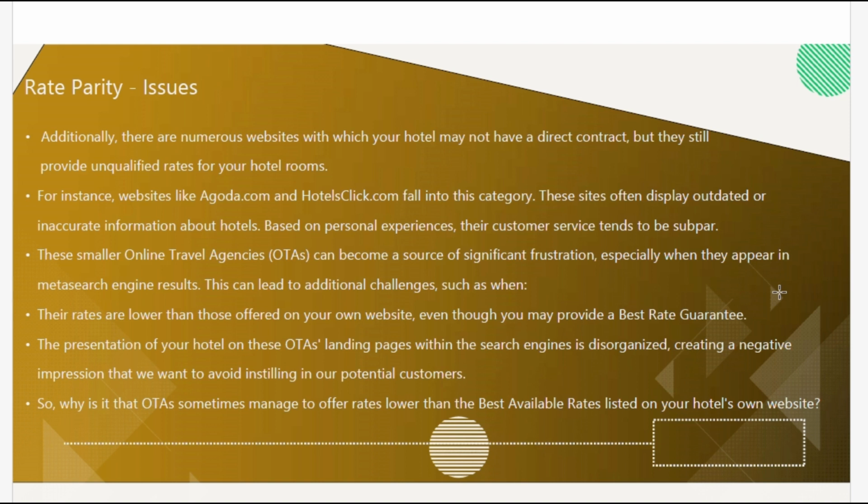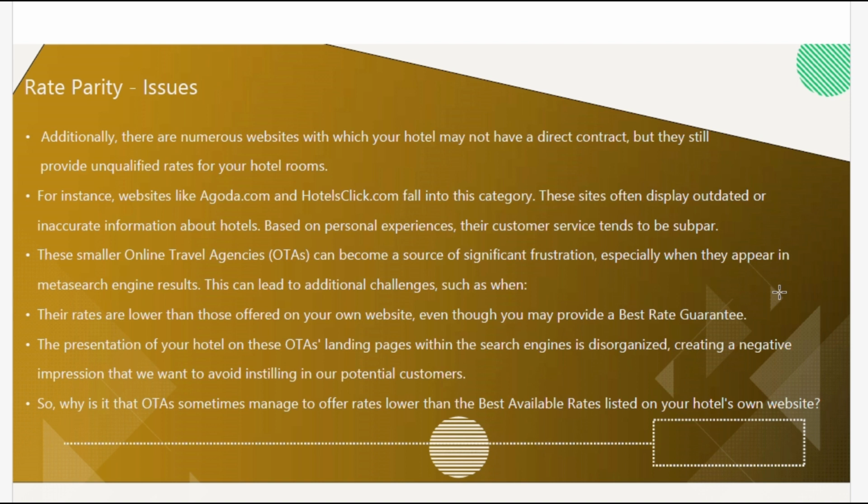A meta search engine is basically a platform where if you search for a particular date, it shows you the rate for a hotel. Let's say hotel ABC.